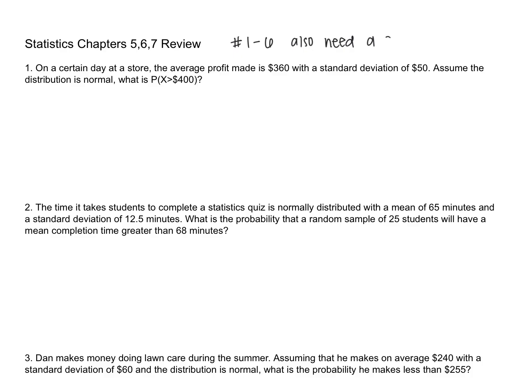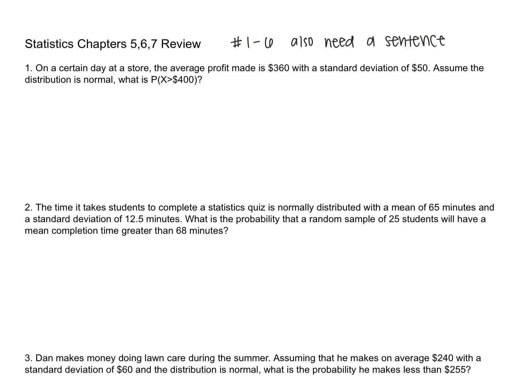The sentence for 1 through 6 is just writing the probability in the context of the problem. It's not super detailed. It's just a short statement saying this is what this probability means.